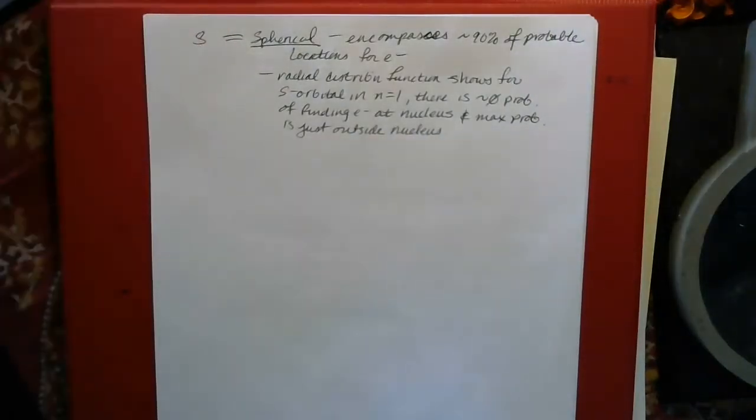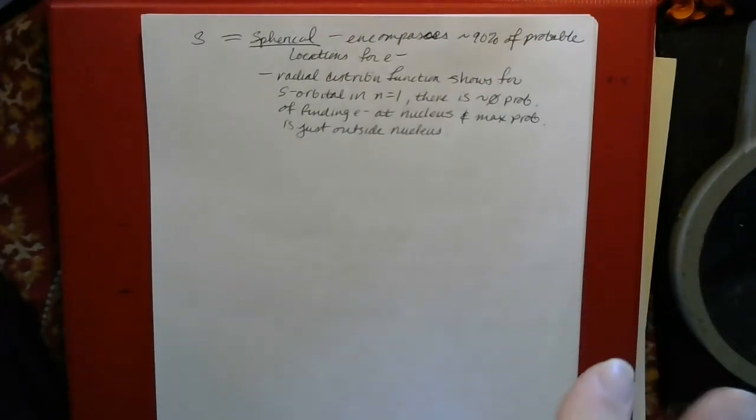Okay, so that's basically what I just said. If you do a radial distribution function, you'll find out that actually, no, the probability of finding an electron is not greatest in the nucleus. It's actually the greatest just outside the nucleus.